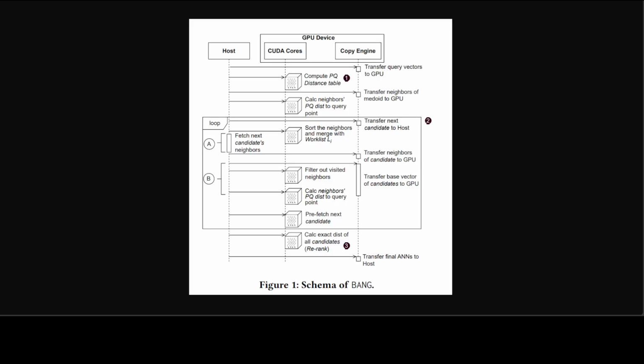And in this research, they have shown that they can harness the distinct capabilities of CPU and GPU efficiently and collaboratively use a multi-core CPU and a single GPU for achieving high throughput even on billion scale data.